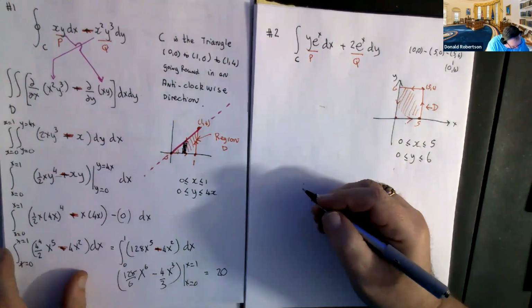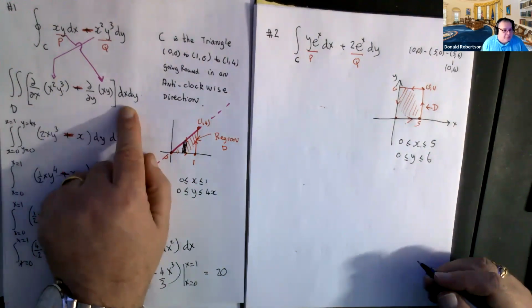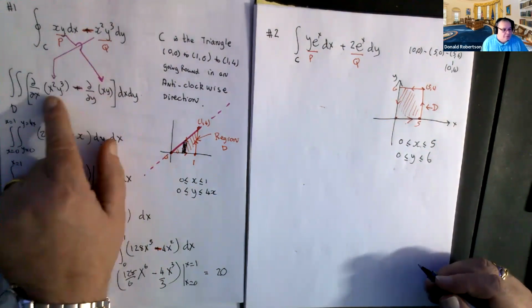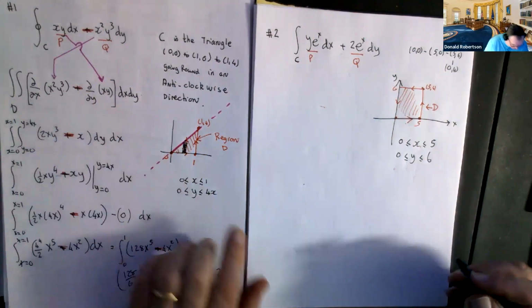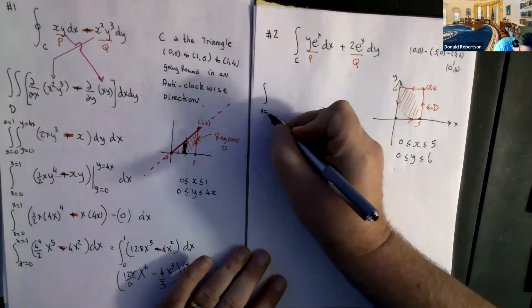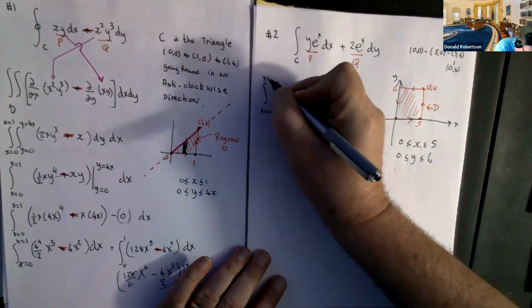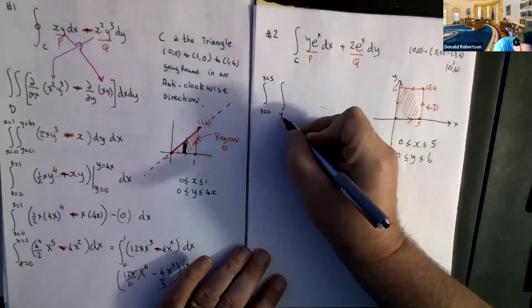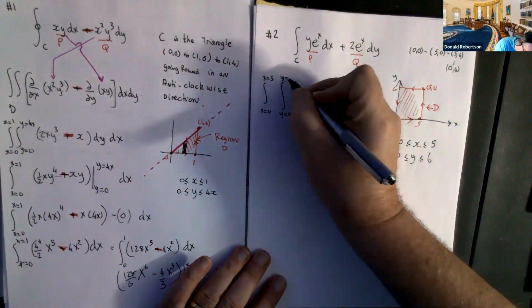And according to Green's theorem, this line integral can be converted into this double integral. So let's see what we get. It's going to be x equals 0 to 5, y equals 0 to 6.